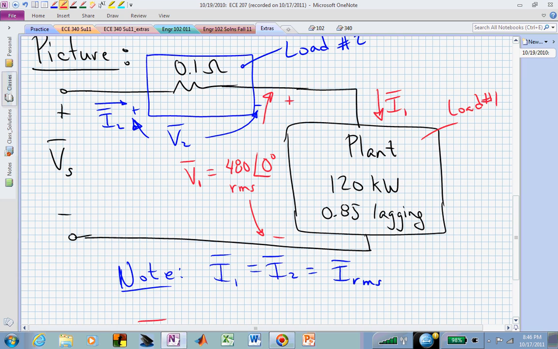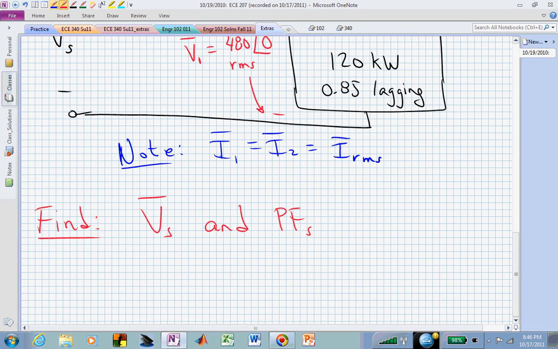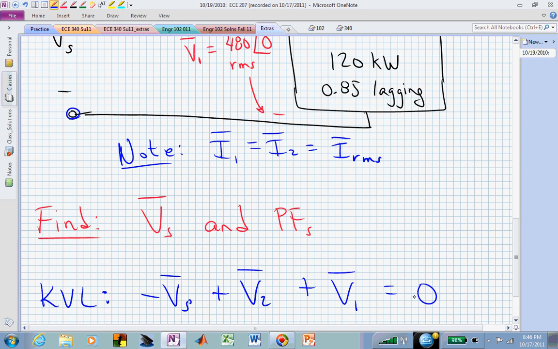If you simply wanted to analyze this circuit in the classical way that we've been analyzing even before we started talking about power, you might say, well, I could write a KVL around that circuit relating V sub S, V sub 2, and V sub 1 and find a relationship for V sub S. Meaning now with KVL, and these are complex quantities, minus V sub S, since let's start at this particular node and go clockwise around that loop or mesh, plus the voltage dropped across this lumped model of our transmission line, V sub 2, plus V sub 1, and that's the voltage dropped across our load number 1, and we were given that particular voltage. That was 480 at 0 degrees.